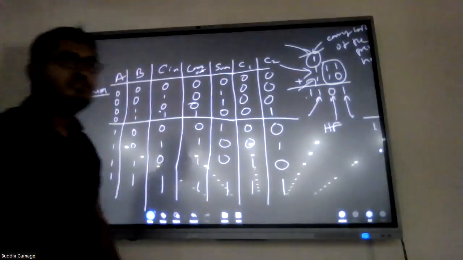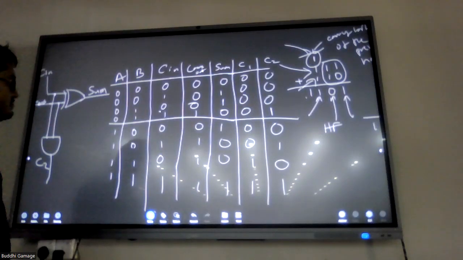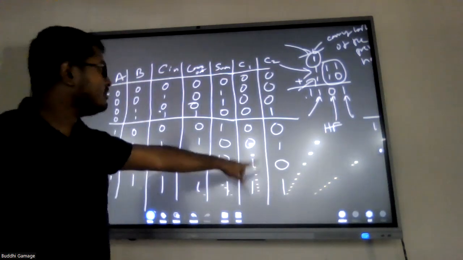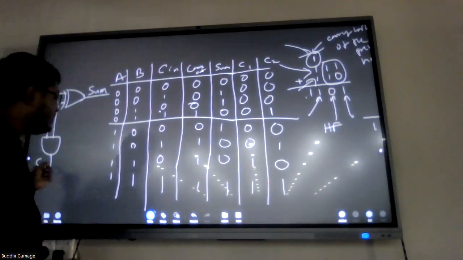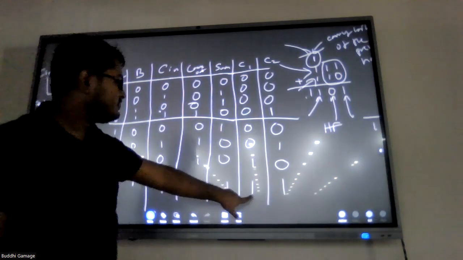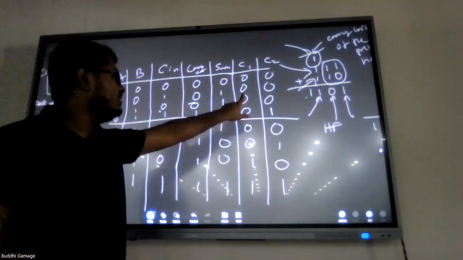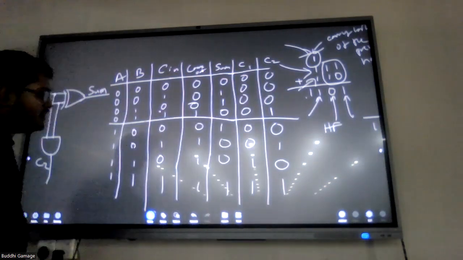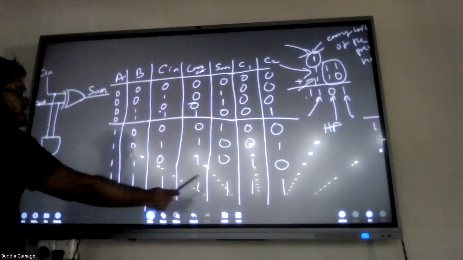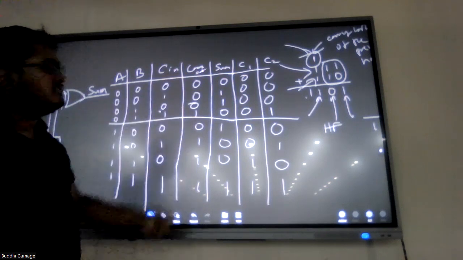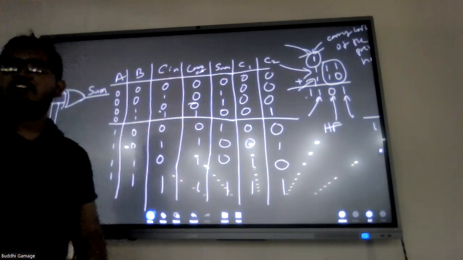This is 1, right? So these are the answers we are going to get from C2. That means this one and from this one, right? By looking at these two outputs, you need to build this output, right? Did you understand that?